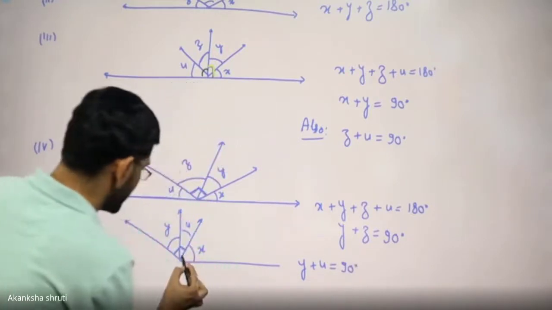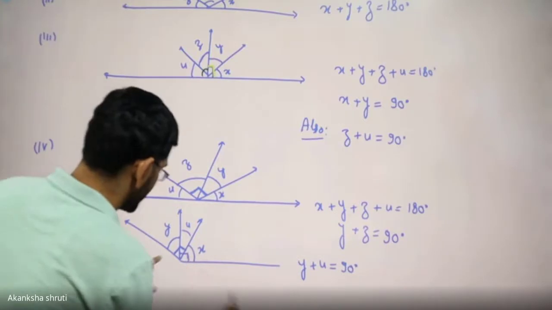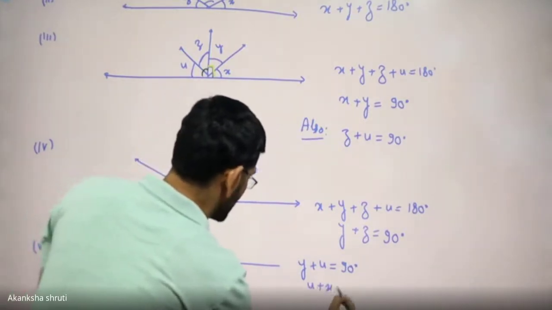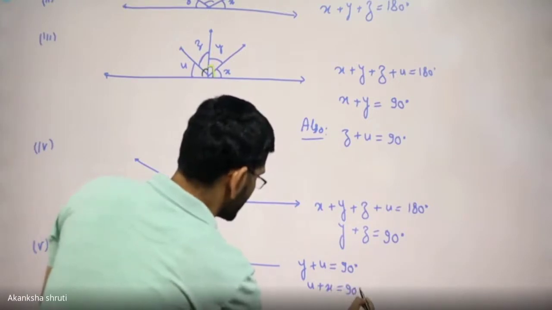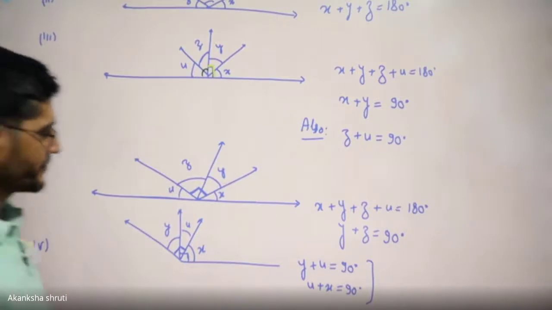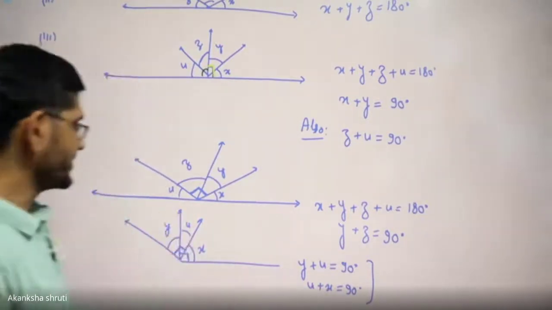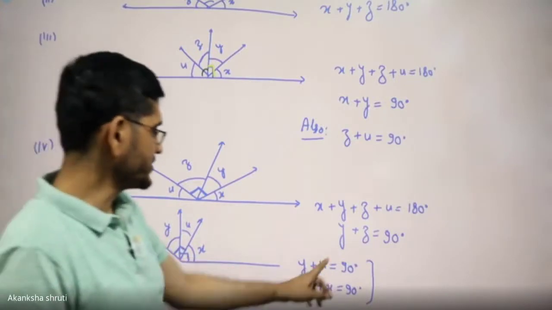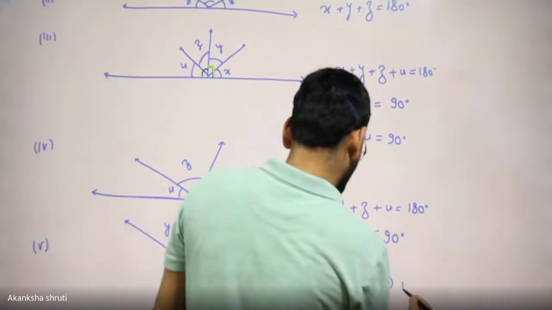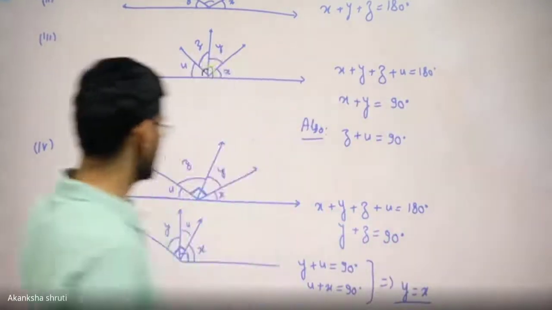One situation. Another, it also appears this is 90 degree, vertically and horizontally. So U plus X is equal to 90 degree. Okay, students? Y and X can be derived here, so we can equate them. U and 90 degree will get cancelled. So Y becomes equal to X. This thing we have to use.